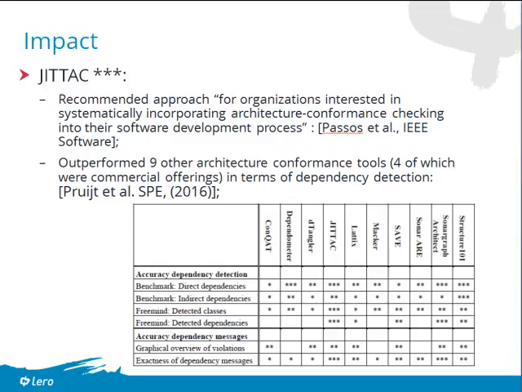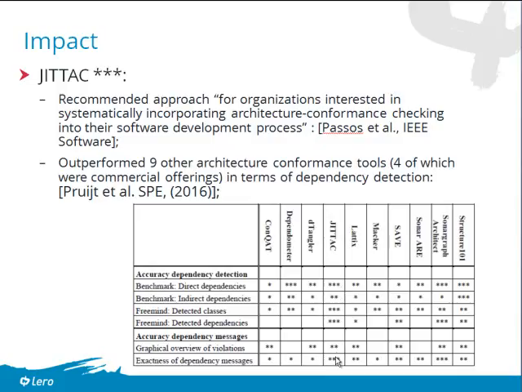Possibly the thing I'm most proud of is the quality of JITTAC. It's been used on systems 2.2 million lines of code long, so it's fairly robust. But also, in Leo Pruschit's article on software practice and experience in 2006, where he compared JITTAC to 9 other architectural conformance tools, 4 of which were commercial offerings, JITTAC was best in terms of dependency identification, so it was probably the most accurate architectural consistency tool.